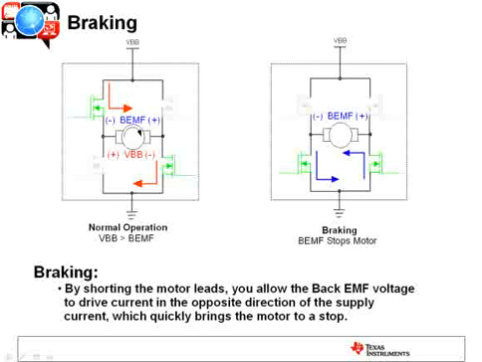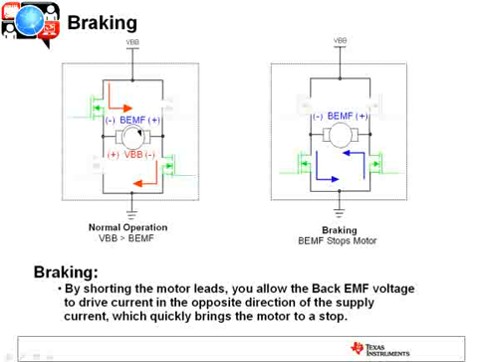Now what happens when you want to brake the motor, when you want to slow it down, stop it immediately, or as fast as you can, one way is to leverage that back EMF. And one of the ways to do that is you can turn the two low sides on. And what the low sides do is it allows that back EMF, you're basically shorting those motor leads, and you're allowing that back EMF, that voltage, to drive a current in the opposite direction of the supply.